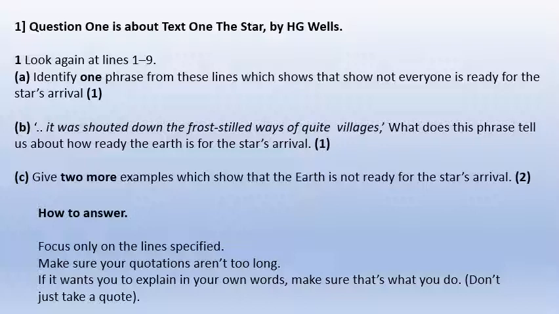If it wants you to explain in your own words, make sure that's what you do. So when you come to part B, don't pick quotes out to illustrate. They want you to analyse that quote. Okay, so that's question 1. Do that in just a minute. You can do them all at the end. So just come through the presentation with me, and then you can do the 2 questions at the end.